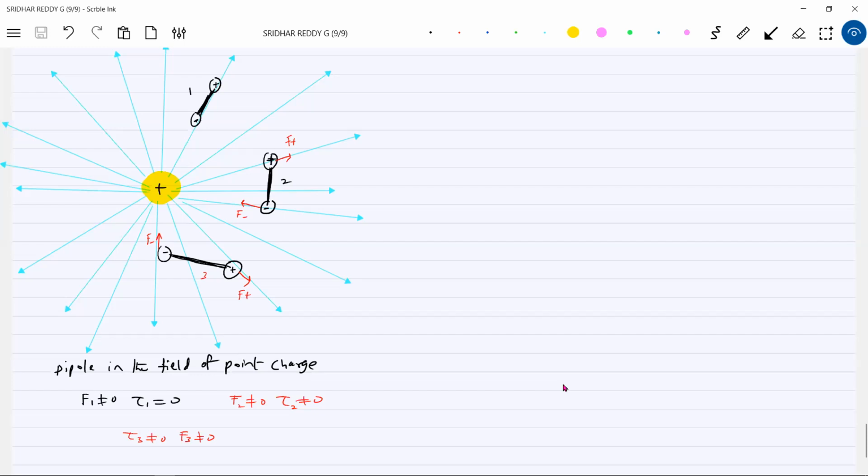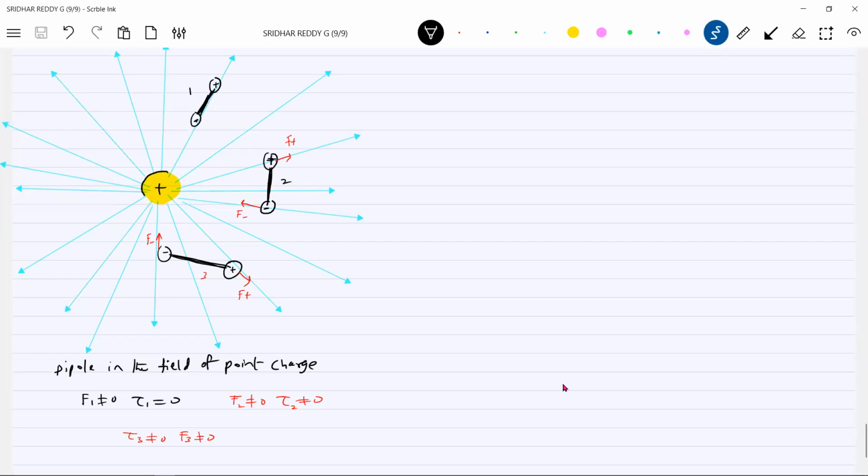Both force and torque will be zero, or force non-zero and torque zero, or both non-zero. What are the possibilities? Force will be non-zero, torque can be zero or non-zero. But can force be zero?